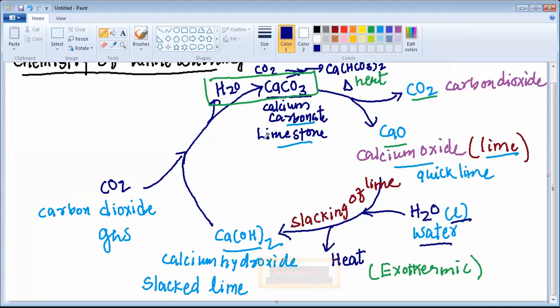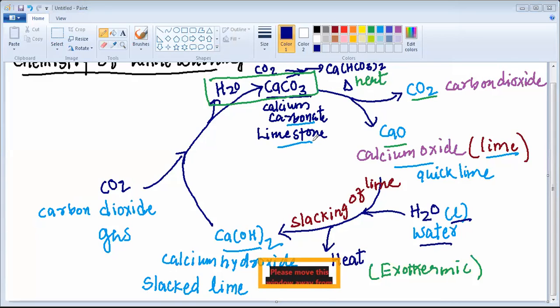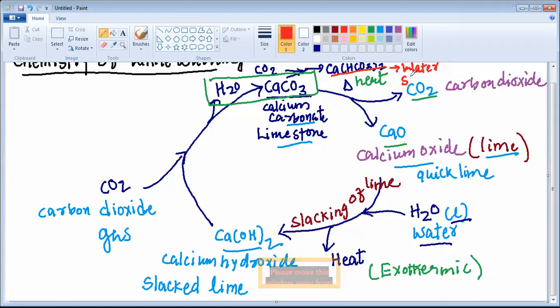Please remember, my dear students, that it is very interesting to know that calcium hydrogen carbonate is water soluble, whereas this calcium carbonate is water insoluble.